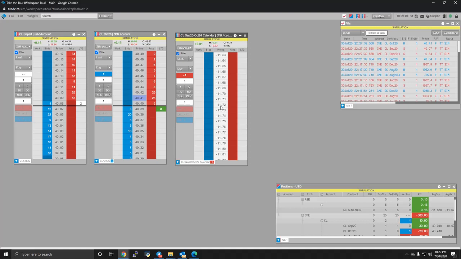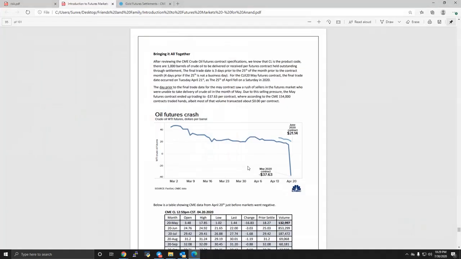And it also shows you how rolling contracts played into this historic event, really, for futures markets. And now that you can understand rolling contracts, you really have a firm grasp on what caused one of the most significant financial market moves in the last 100 years, and probably farther.